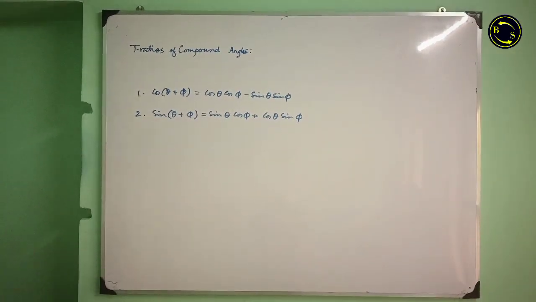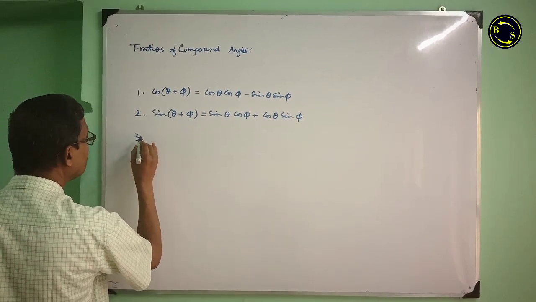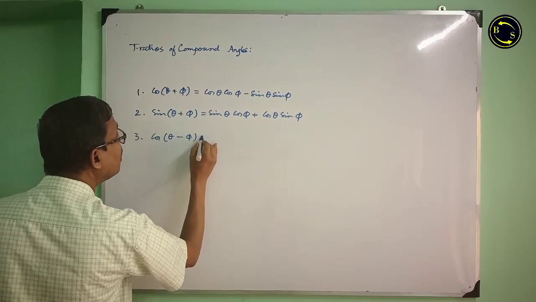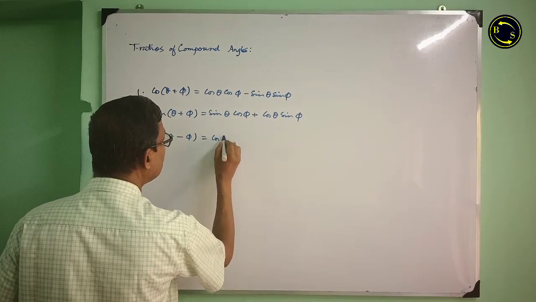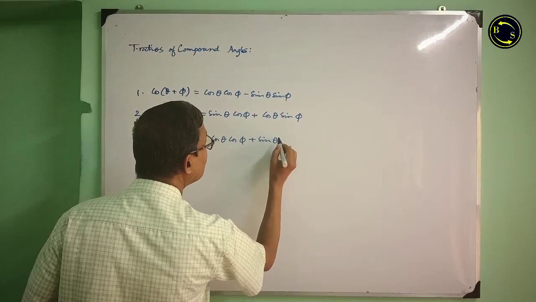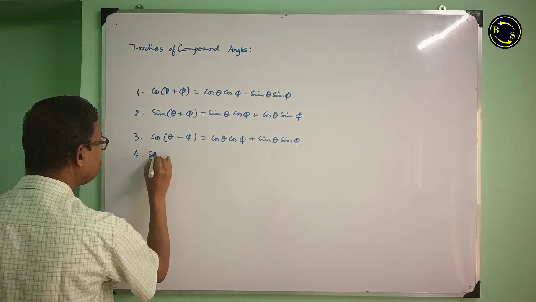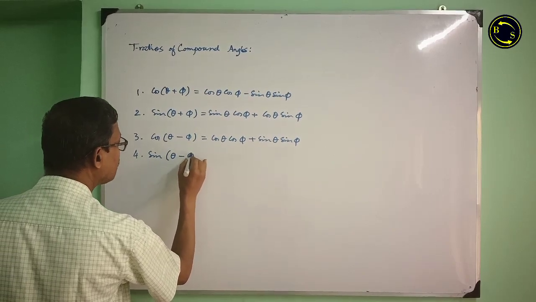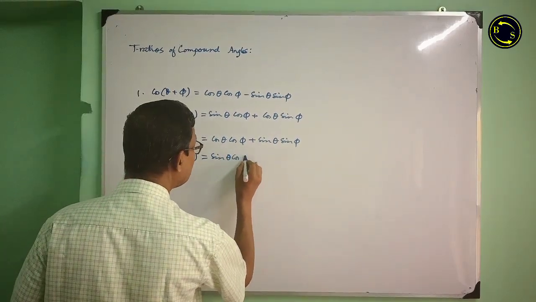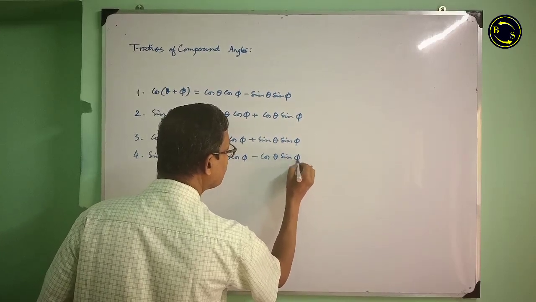As these are identities, we can replace phi by minus phi, so that we will get cos of theta minus phi equal to cos theta cos phi plus sin theta sin phi. Number 4, sin of theta minus phi is sin theta cos phi minus cos theta sin phi.